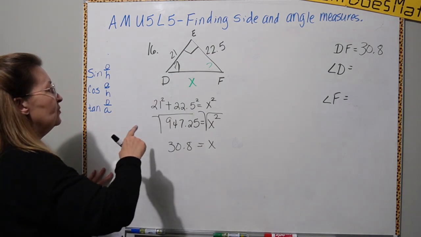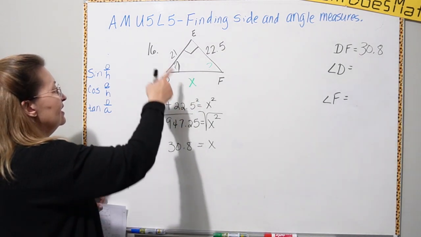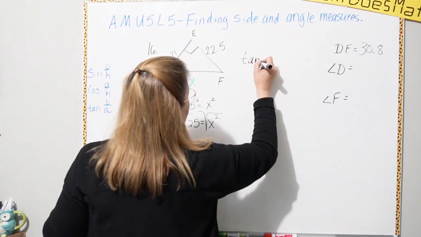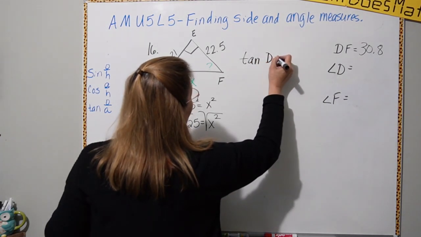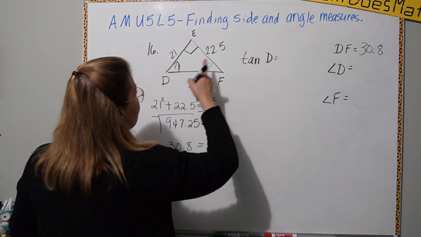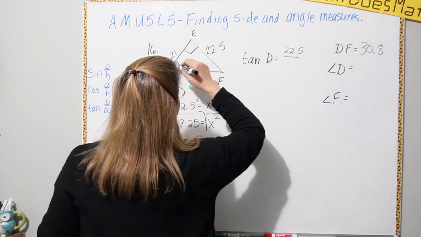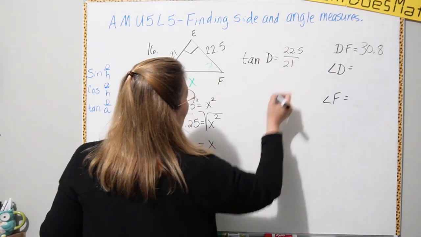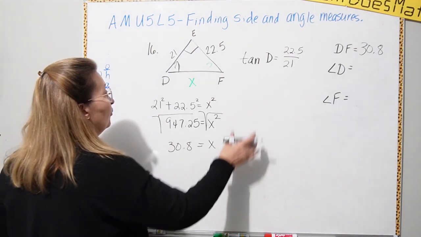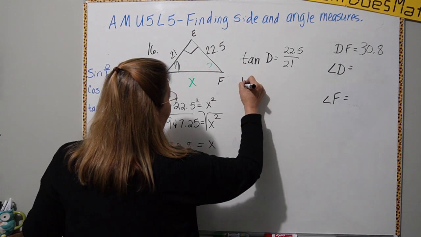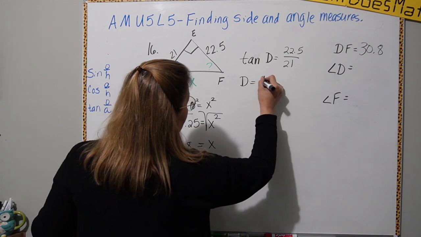The two sides that we have are the side opposite and the side adjacent. So we're going to say the tangent of D, angle D, is equal to the side opposite, which is 22.5, over the side adjacent, which is 21. All right, now that we want to know an angle and we have the two sides, that's when we bring in the inverse function.